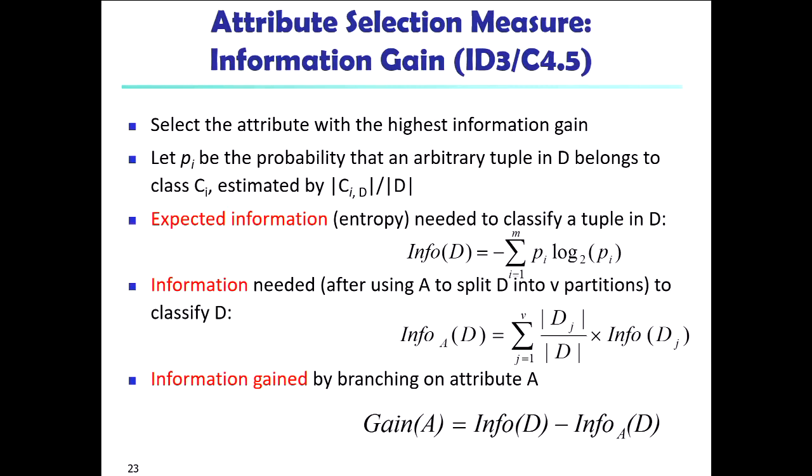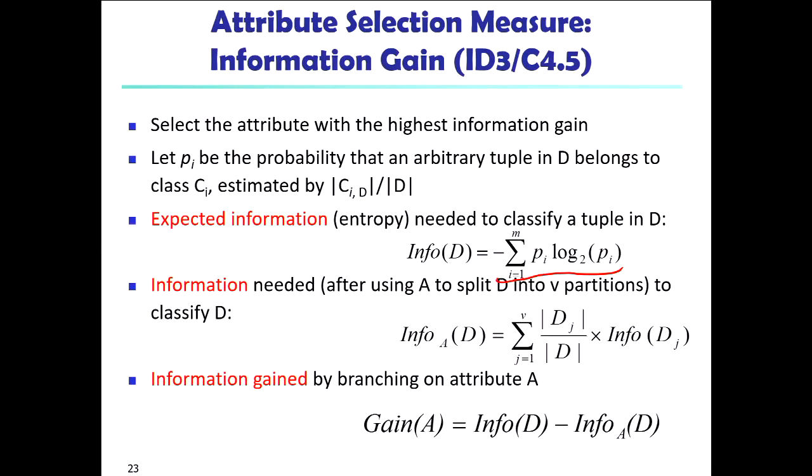We can get the estimation of this probability Pi, which should be the number of tuples that belong to this class divided by the total number of data. Okay, so the expected information, which is actually the entropy, and I think we have mentioned that last week. So the entropy of D is calculated by this formula. Okay.